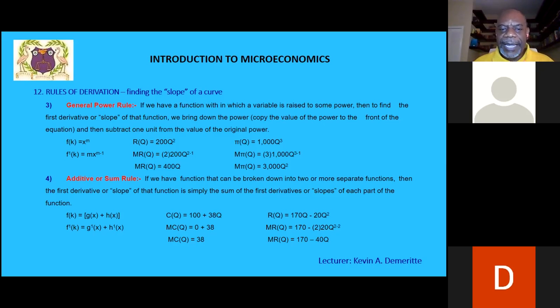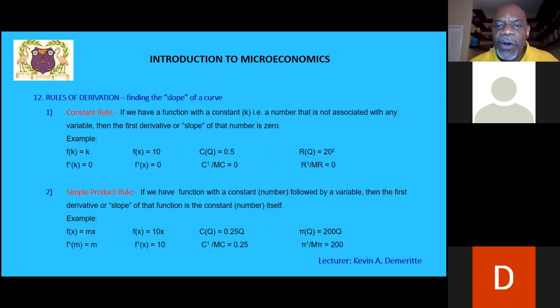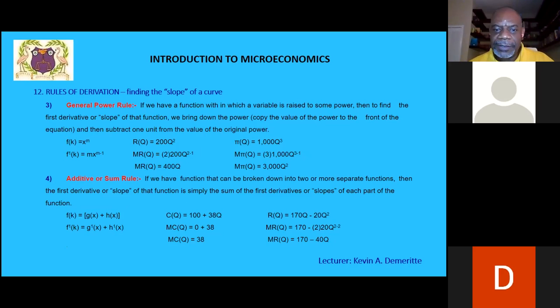So, for example, look at our cost function that we have here. Our cost function is 100 plus 38q. The additive sum rule says, okay, we deal with 100 as a separate issue, and you deal with the 38q as a separate issue. Well, we know, according to rule number 1, if you have a number all by itself, like this 100, the slope of that number is 0.